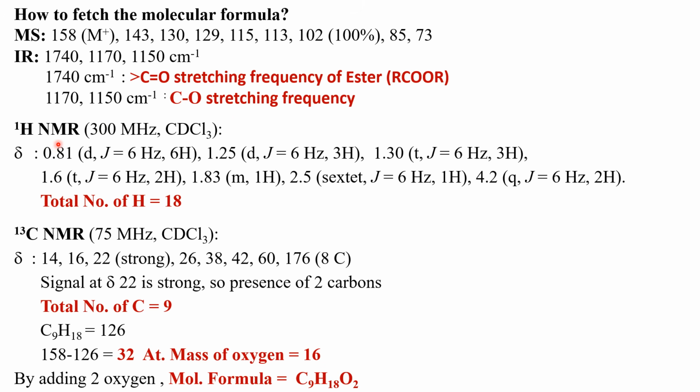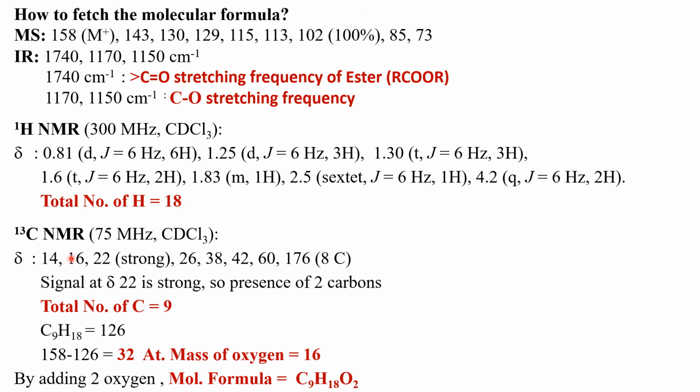In H1 NMR, the number of hydrogens has been given, so let us count them. 6 plus 3 is 9, 9 plus 3 is 12, 12 plus 2 is 14, 15, 16, 17 and 18. So the total number of hydrogens becomes 18.